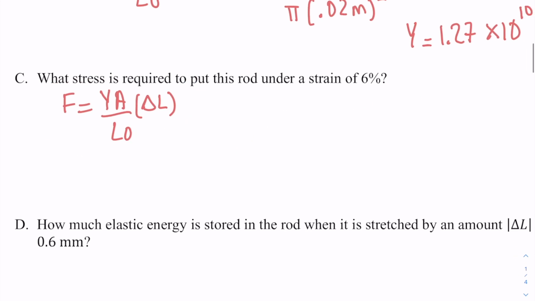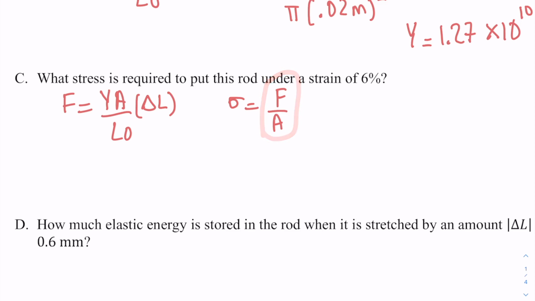So stress is defined with this little sigma here. And it's defined as force divided by area, right? You'll see later on in the semester that force applied over a specific area is also known as pressure. And this isn't necessarily pressure.